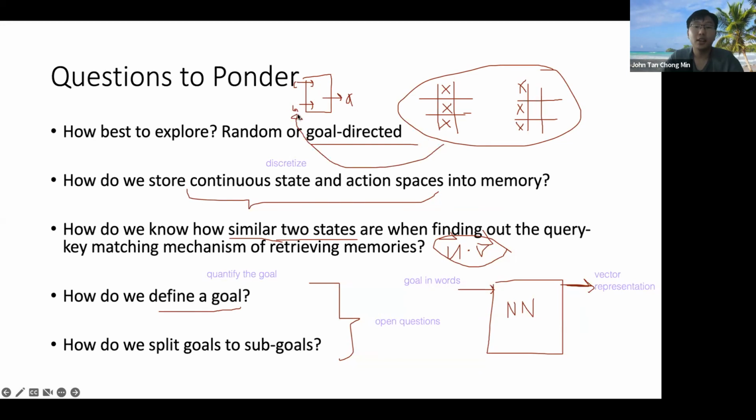Yeah, that's an open question, because I think there are some situations whereby the goal can be very complicated and it's not just one single goal. So there's some difficulty in expressing all of these goals. One way of doing this, what I can think of, is that you can express all of these goals individually.